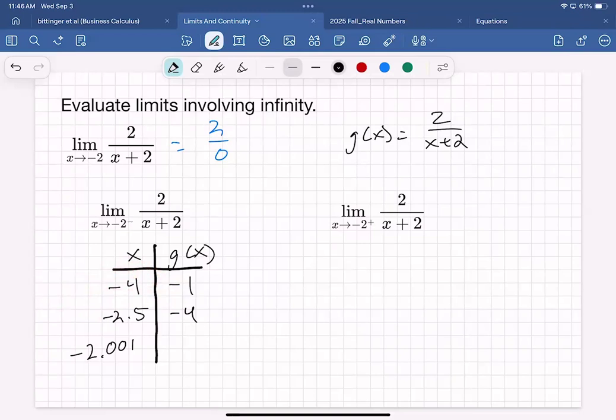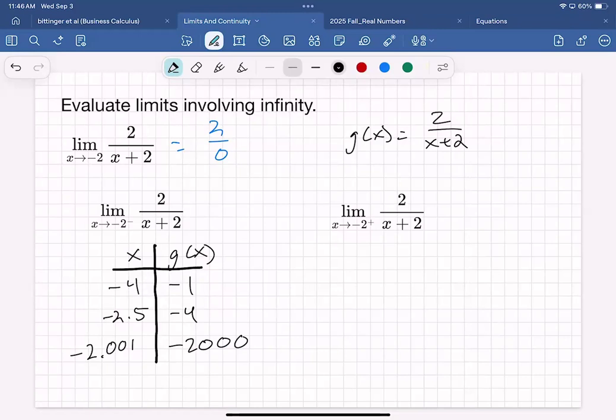And if you want to write these out when you do them, that's fine. But just to do them real quick, what is something that you noticed happened to the number, especially when we went from -2.5 to -2.001?